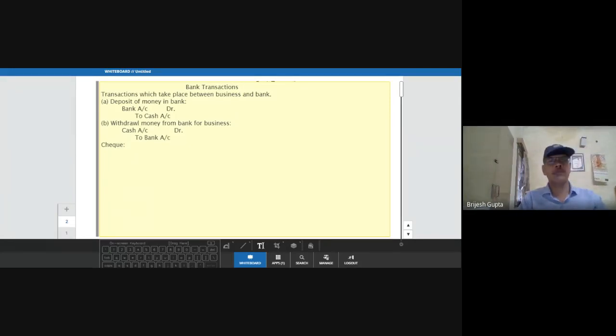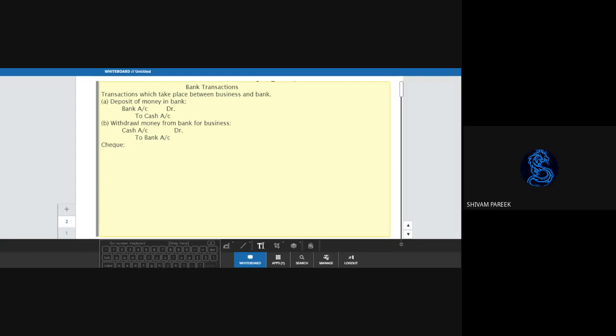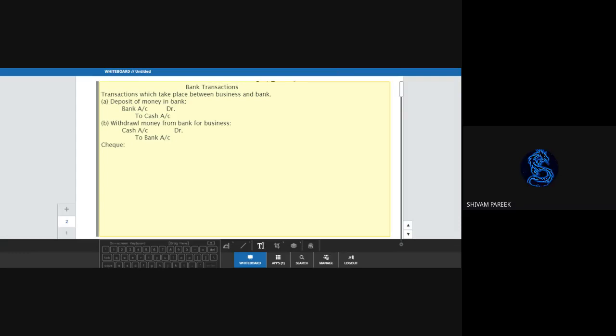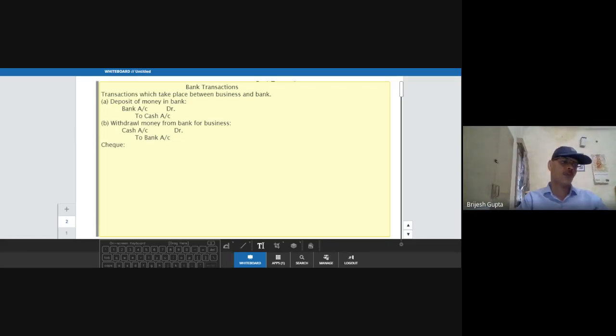Who can define? Who will answer this question? What is a check? Who knows what is a check? Do you know something about the check? By this, we can transfer an amount of money easily to anyone. Okay, good. Anyone else?